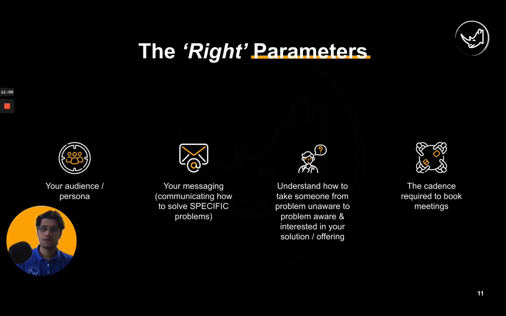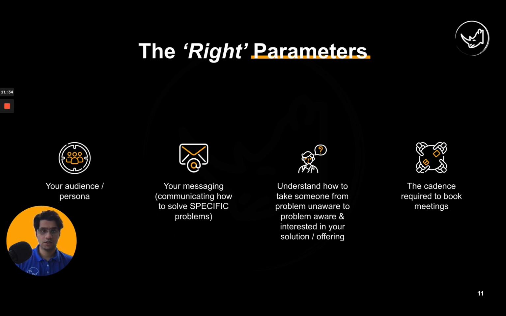Plus, on top of that, you've really figured out messaging, meaning you know how to communicate to this audience on specific problems. You're not going in and just saying, "Hey, we help you do ABC," but you understand their pain points and you're able to offer a genuine solution that they actually care about, right? This is going to change per individual, but again you want to attach some sort of data point to it.